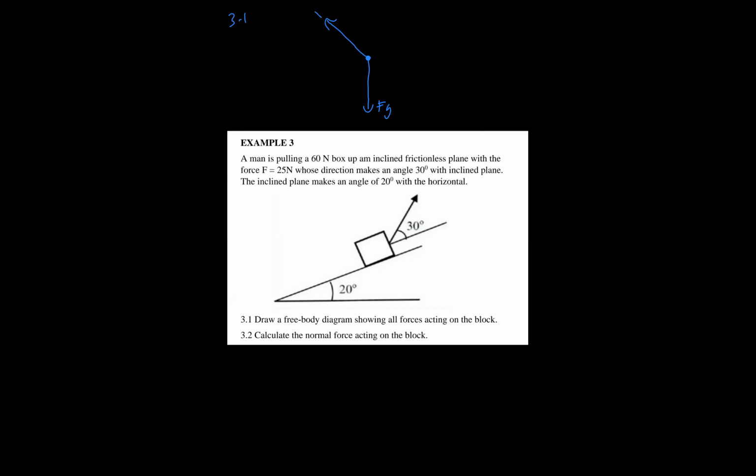And here we're going to have normal. So here we're going to have this F applied. And since it's frictionless, we are not going to have friction because we are told that the incline is frictionless. So these are the forces acting on the block. But we know that F applied has components, and Fg also has components.